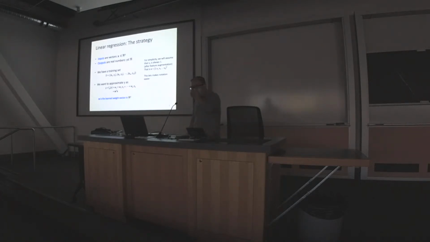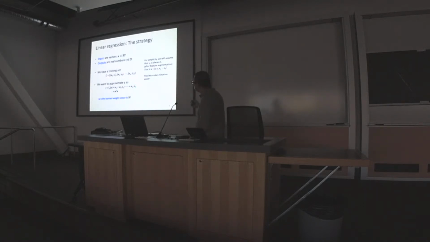To simplify the notation, we're going to represent it as an inner product between w and x. And here we use the notation simplification trick where we add a constant feature 1, and the corresponding bias term is w1. So you get w1 times 1 plus w2 times x2 plus w3 times x3 until wd times xd. You get the inner product of w and x.